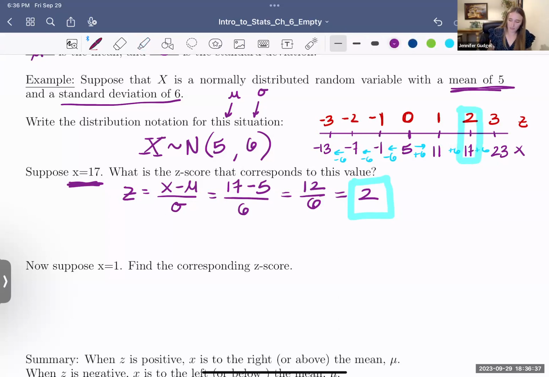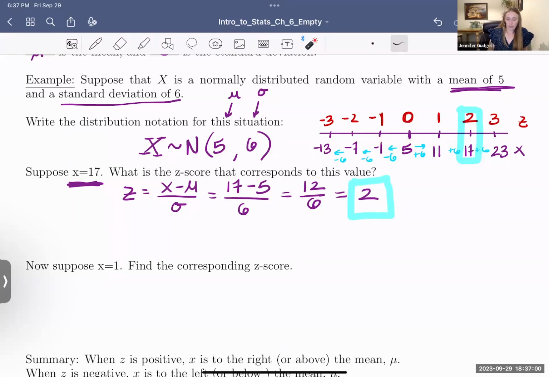But again, you can see it with the formula version. Let's try it again. I encourage you to pause it, see if you can find the z-score for x equals 1. X equals 1 is not a nice value. I can see though that whatever my z-score is, it should be something between 0 and -1, because 1 as a data value is somewhere between 5 and -1.